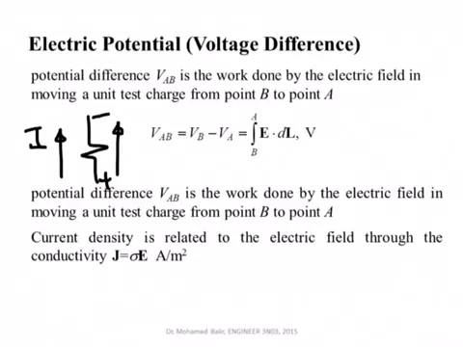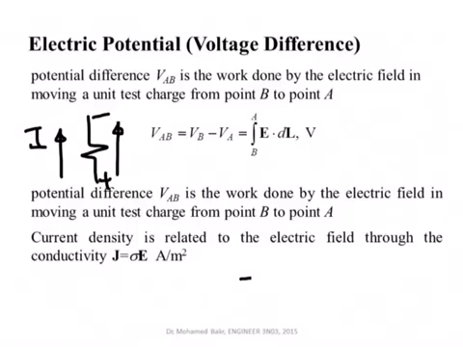Now, one other important concept in electromagnetics we use very often in our work is that the electric field will try to move electrons against its direction and try to move positive charge in its direction.